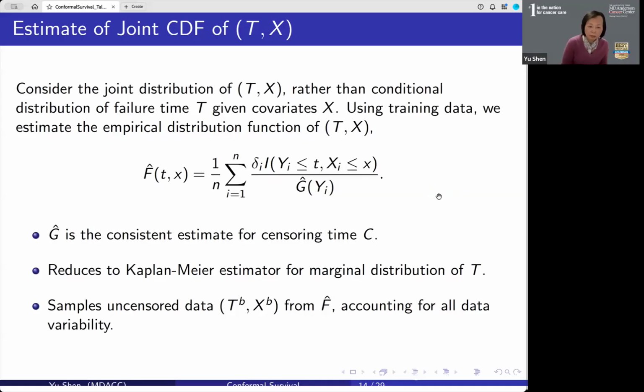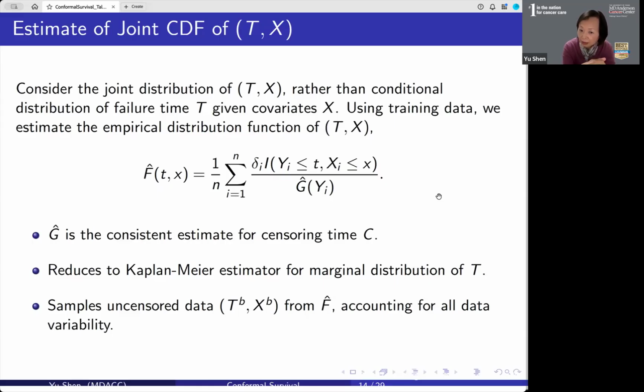So if you consider the very simple case, if x is just the baseline age, you can estimate this empirical distribution by using this formula. Even though it looks like a bivariate case, it's multivariate.